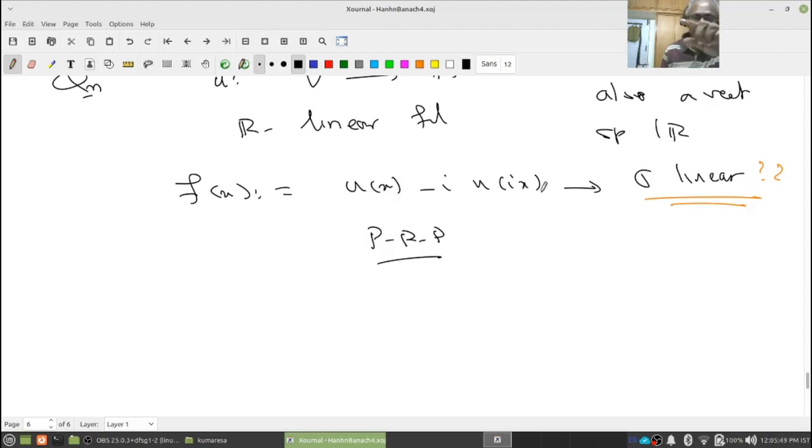Next, u is real linear, therefore it will be u of ix1 plus u of ix2, etc. So this f is additive, and it's also real linear. If I take t real, f of tx, the t will come out. Therefore, the crucial thing to check whether it's C linear is what happens to f of ix.